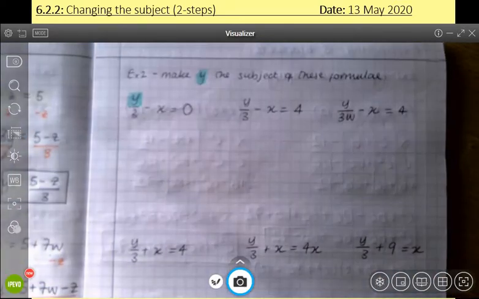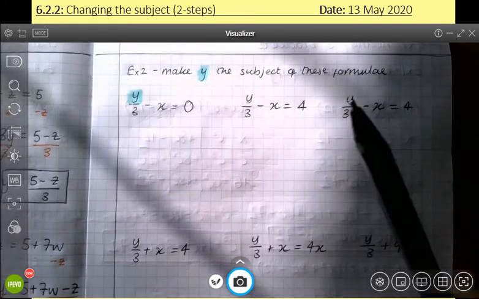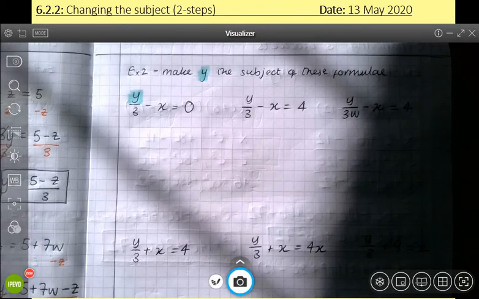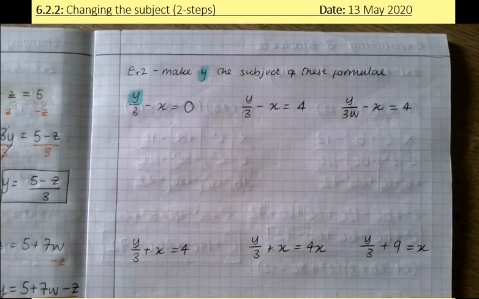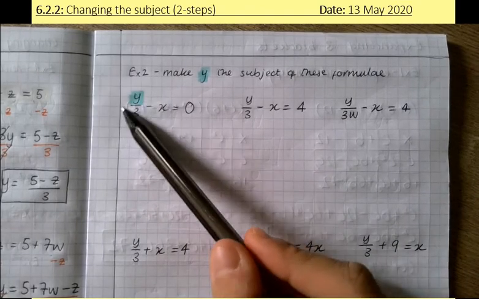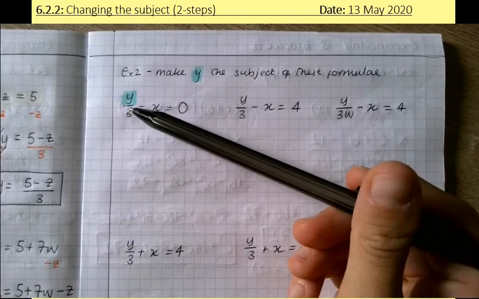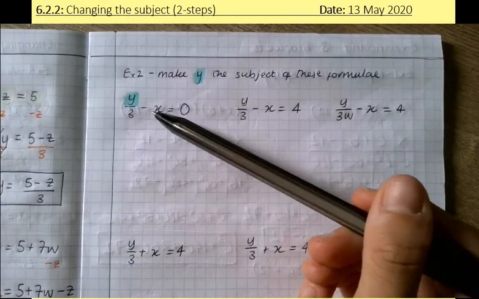Now y is being divided by 3, and then x is being subtracted from that. And in order to make y the subject of the equation, I am going to do the inverse of divide by 3 and subtract x.